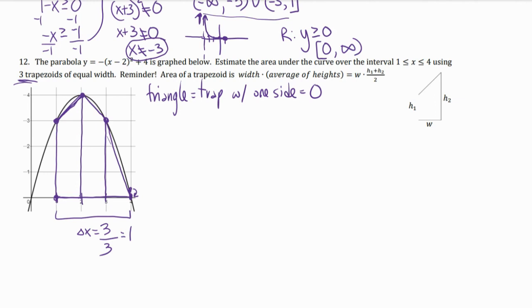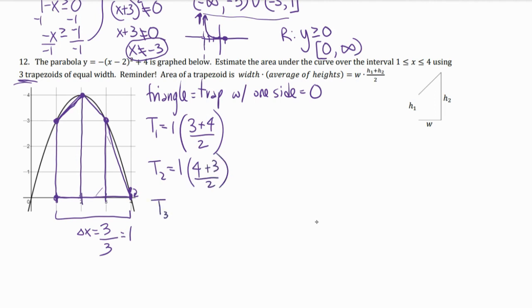At this point, I don't want you to try to get fancy. I don't want you to use sigma. I don't want you to do anything except add up a bunch of trapezoids. So my first trapezoid has a width of 1, and then I average the heights. My first height is 3, my second height is 4, and I average them by adding them up and dividing by 2. My second trapezoid is a width of 1 times the average of the heights. Your first height is 4, your next height is 3, and we divide by 2.